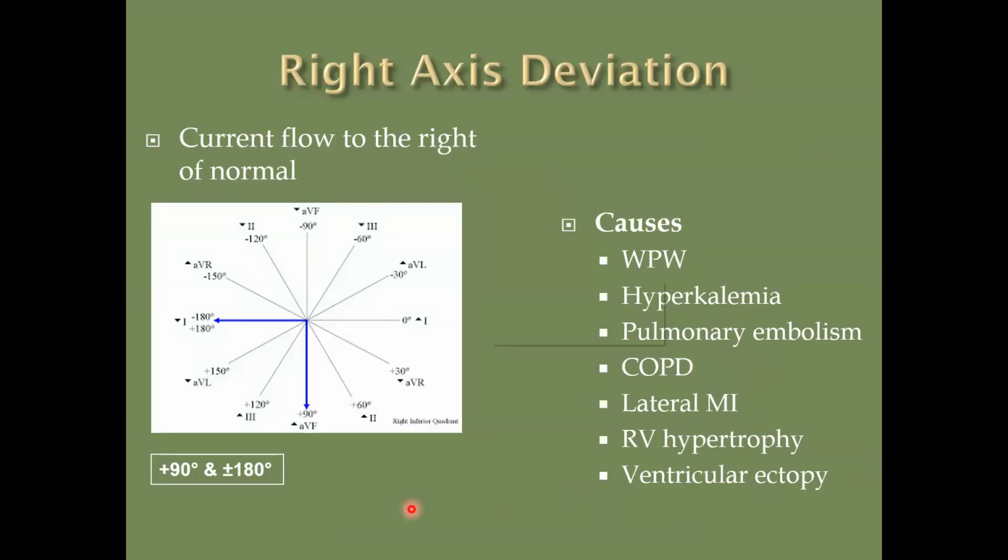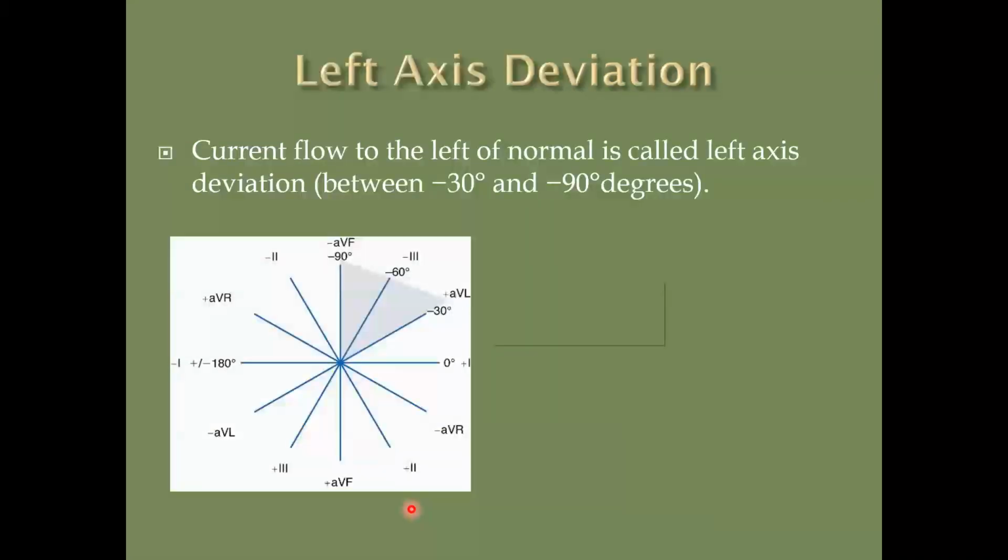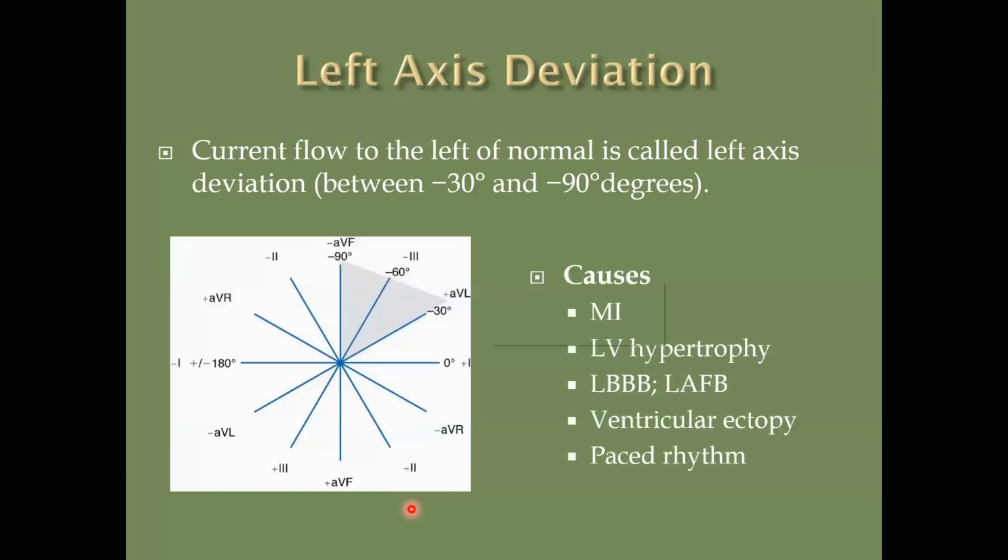Notice that pulmonary things will give you a right axis deviation, or right ventricular hypertrophy will give you a right axis deviation. Here's your pathologic left axis deviation. And as I mentioned, MIs, left ventricular hypertrophy. If you have a left bundle branch block or a left anterior fascicular block, you will get that left axis deviation.